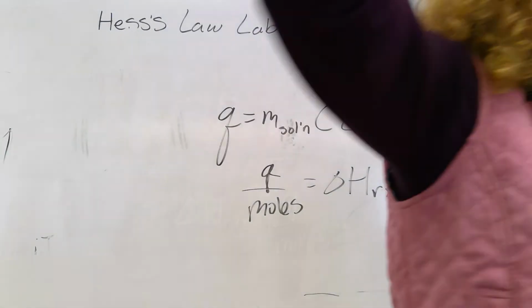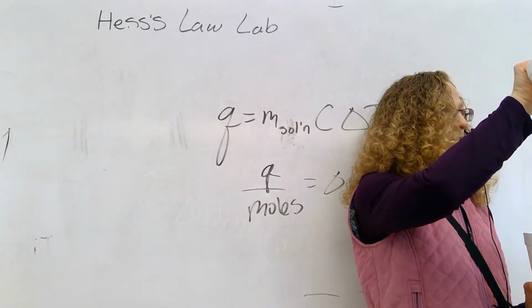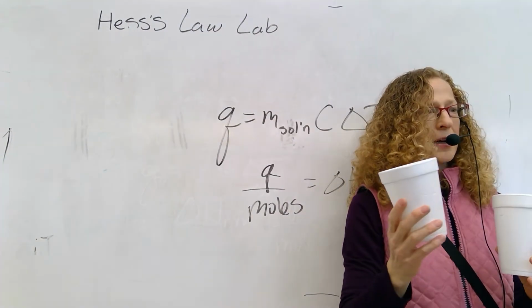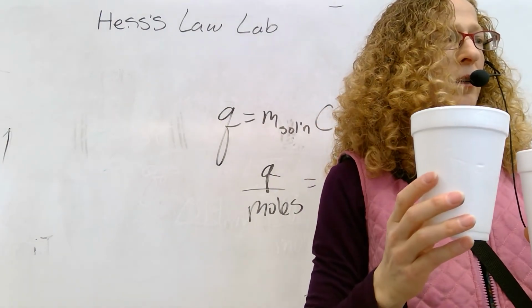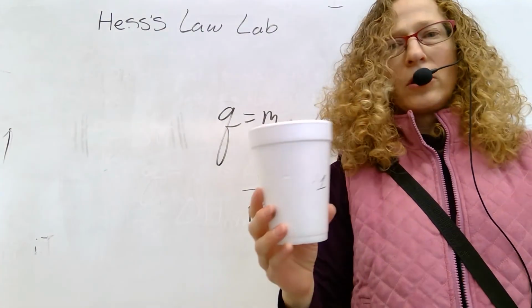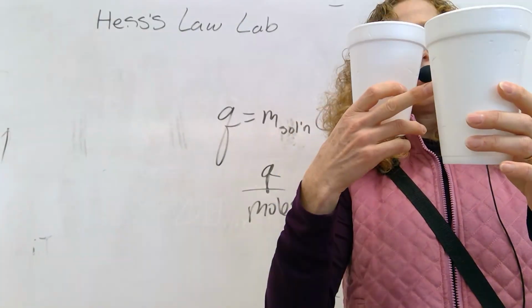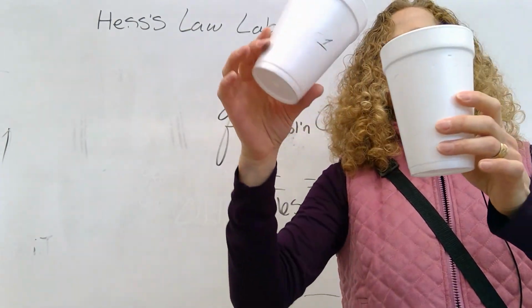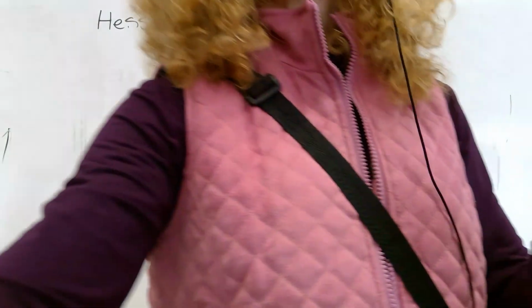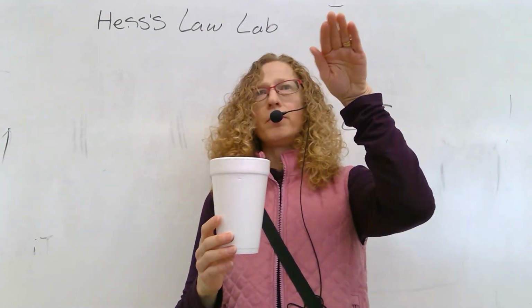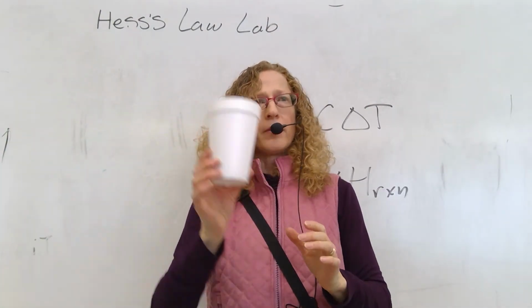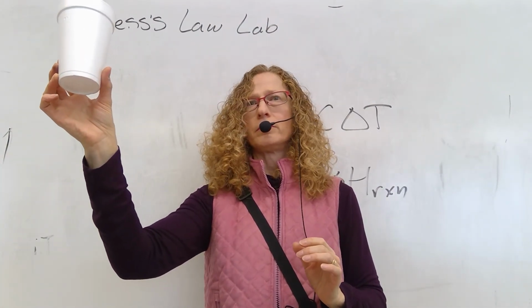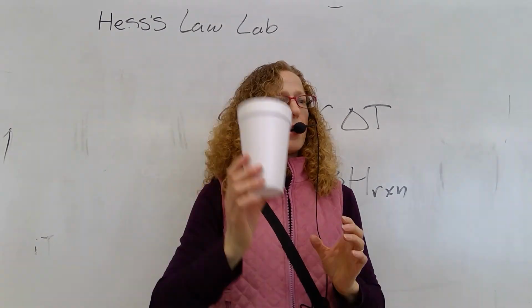Remember, I told you to save the KOH solution from reaction 1. It's about 90 milliliters. So you have HCl in here. Start the temperature. Add the KOH from reaction 1. Temperature should go up, flat line, and then get the mass of the solution. Okay? Are there any questions?